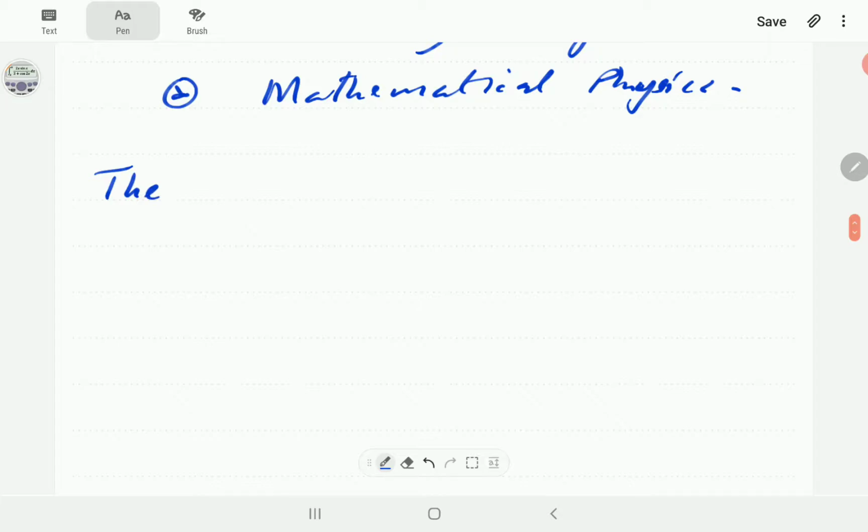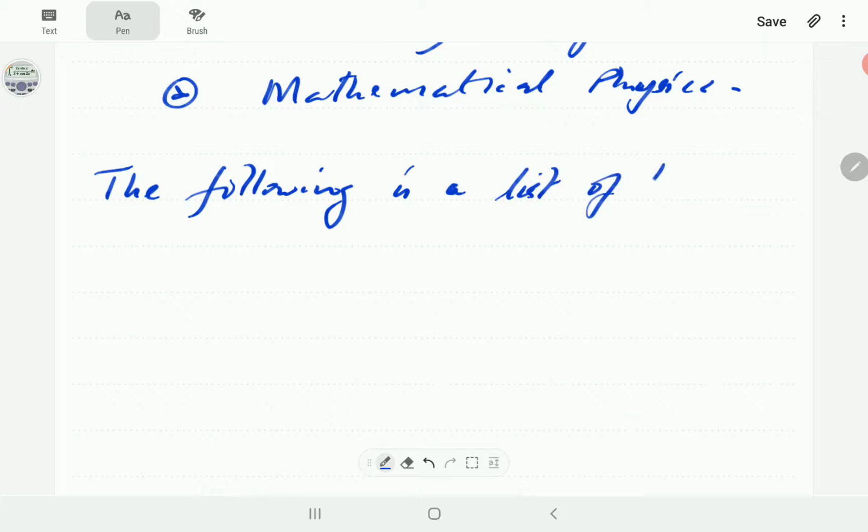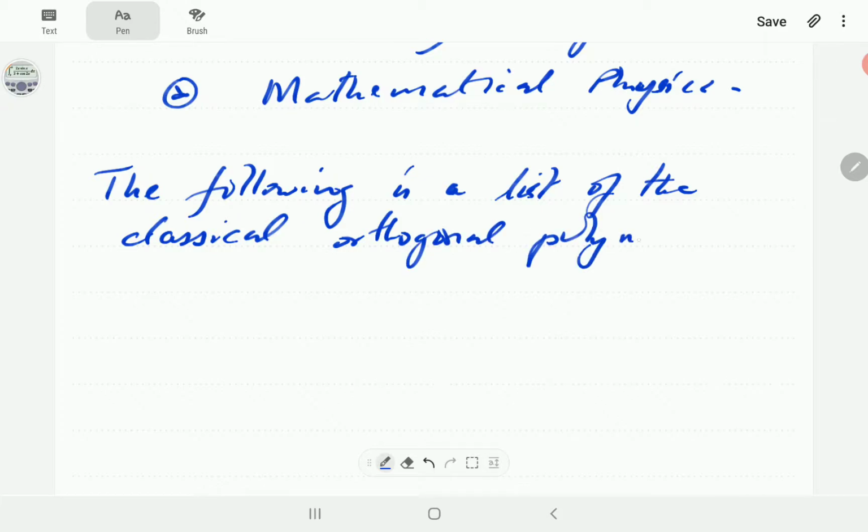We're just going to list some of the classical orthogonal polynomials. I'm going to list them in alphabetical order.